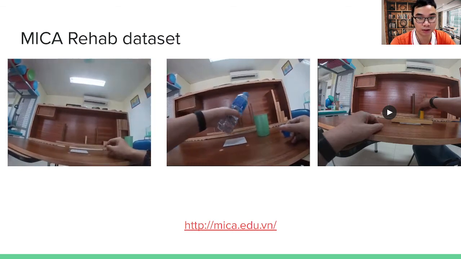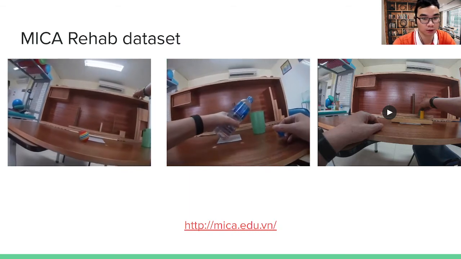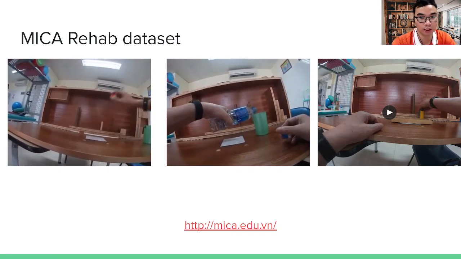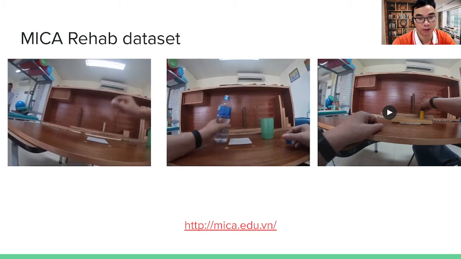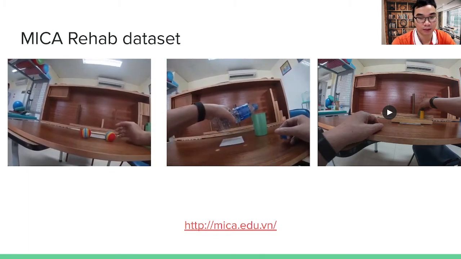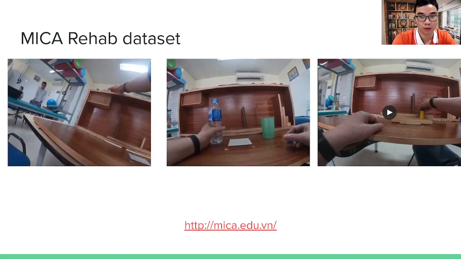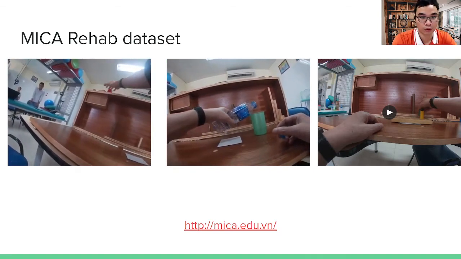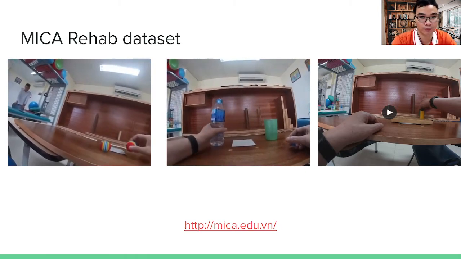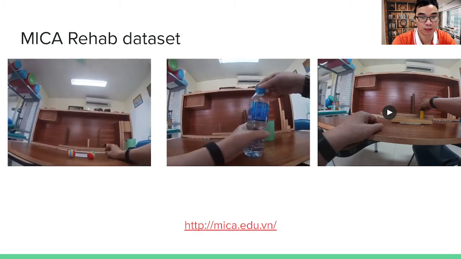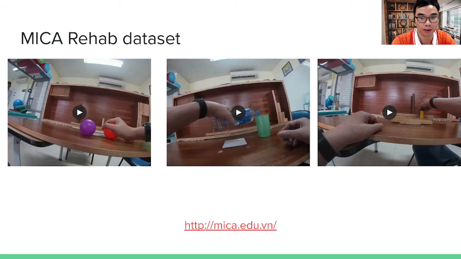The dataset is collected at Hanoi Medical University Hospital with 10 persons who wear cameras under the supervision of the doctor and the help of the authors. The patients performed 10 types of actions such as practicing with a bowl, with a bottle, with a cup, and playing with a toy.